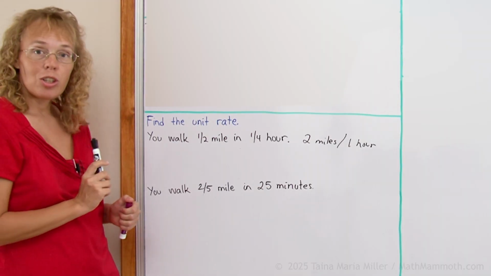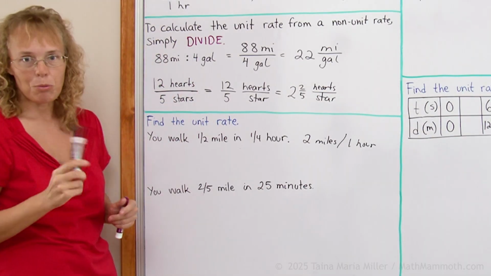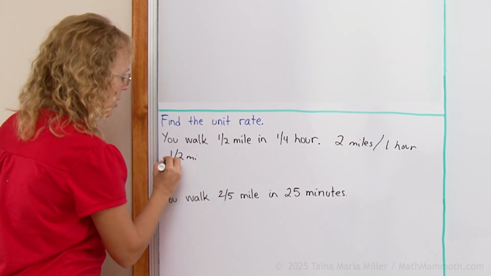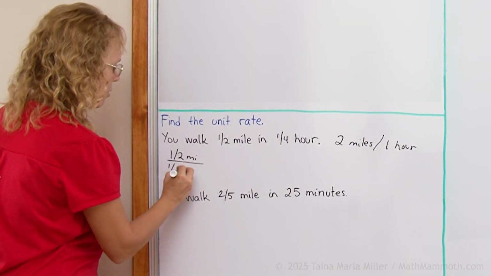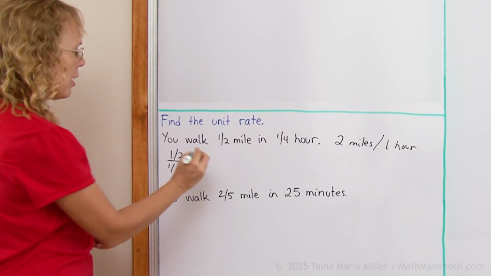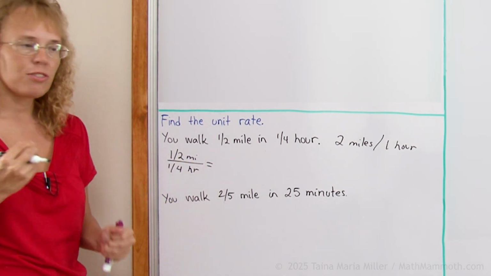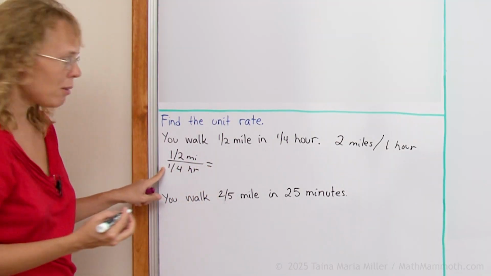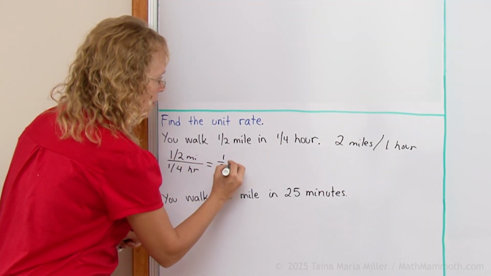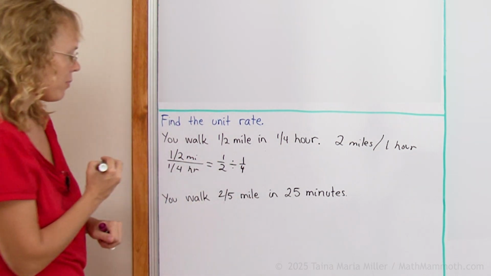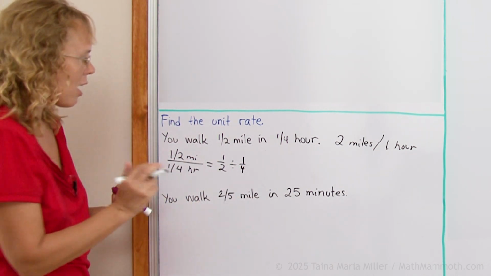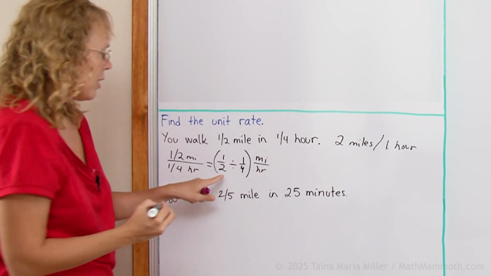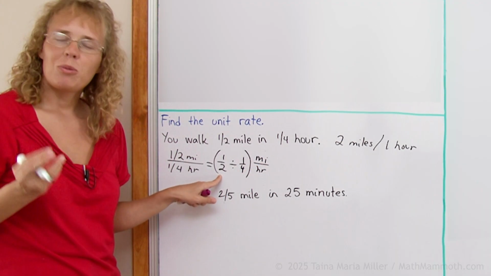But I want to also show you that the division still works. If I write it as half a mile per 1/4 of an hour, I can still use division to find the unit rate. I just take 1/2 divided by 1/4. And then that's going to be miles per hour. Now in fraction division, remember how that was done?